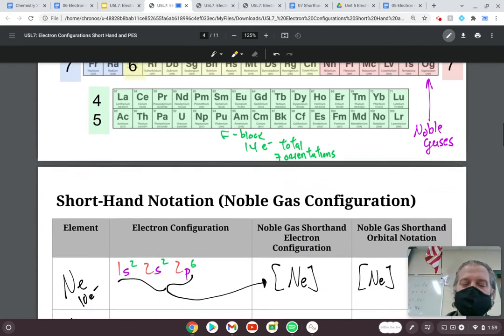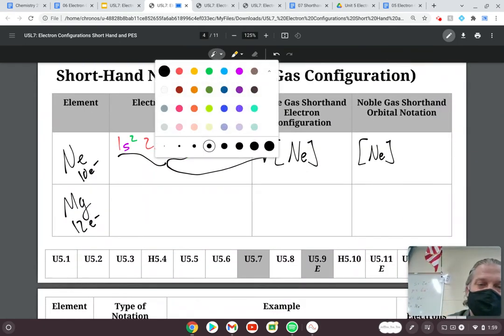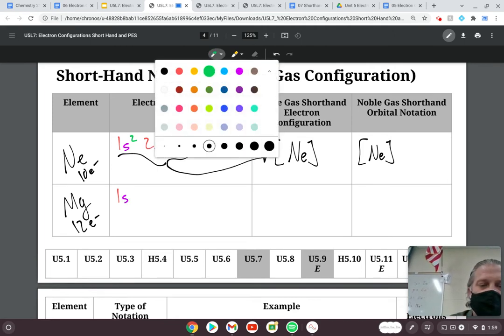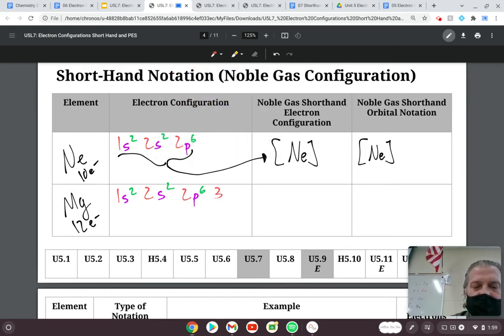But if that's the case, I can write 1s2, 2s2, 2p6, and then I'll finish it up with 3s2.